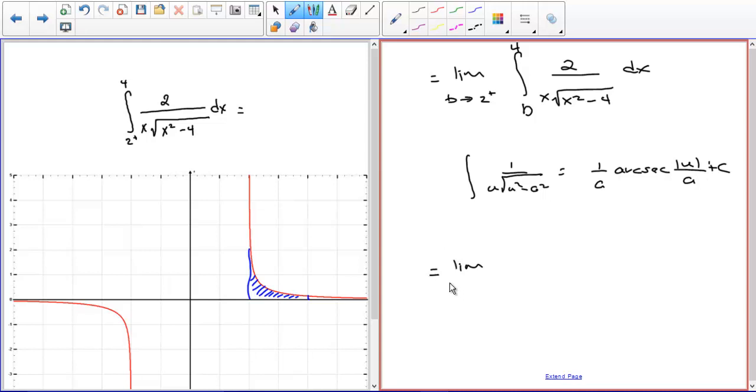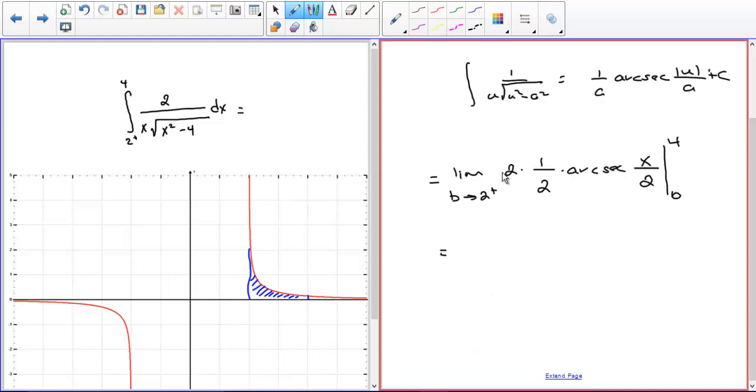You get the limit as b goes to 2 from the positive side of, well, we've got this constant 2. So we'll take 2 times 1 over a. A is 2 because this is a squared. So you get 1 over 2 times the arc secant of x divided by 2, evaluated between b and 4.